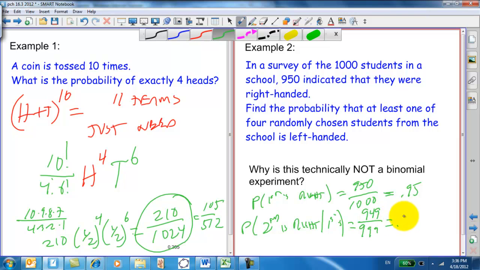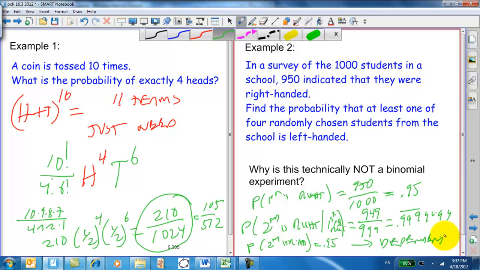And it works out to be 0.9499499, so basically 0.949, which is a little less than 0.95. So the probability has changed. Now this statement itself doesn't quite do it. You're actually going to see that the probability that the second is right-handed ends up being 0.95 as well. But they're dependent events, because the probability that the second is right-handed given that the first is right-handed, and the probability that the second is right-handed, are not the same. Therefore we have dependent events.